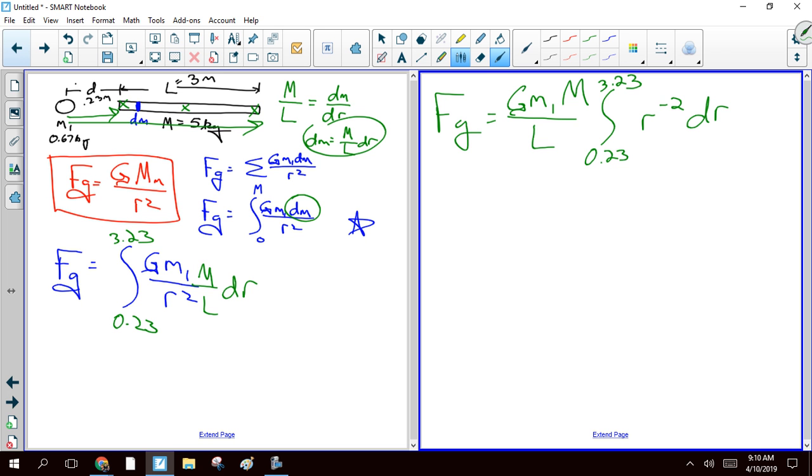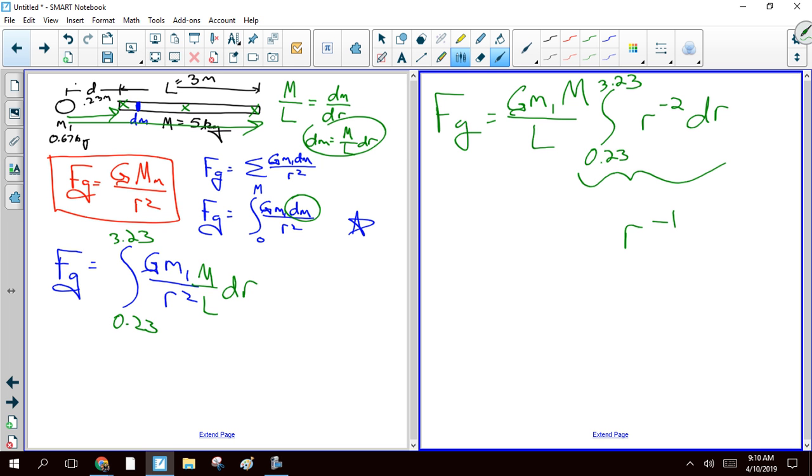Any questions? Okay, so what do you have to take the derivative of to get r to the negative 2? Remember, when you take a derivative, your exponent gets smaller by 1, right? So it must be negative 3 or negative 1. So this is going to be r to the negative 1.